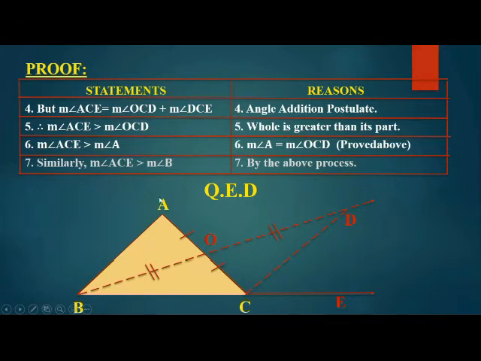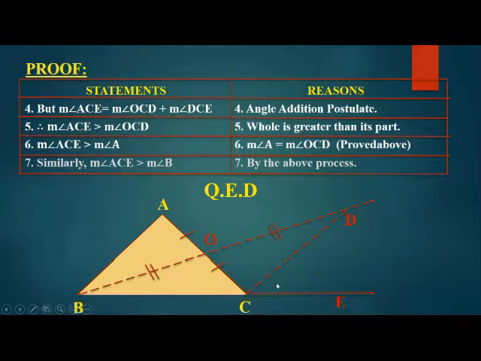But we know that angle A is congruent to angle OCD. So if angle A is congruent to angle OCD, and we compare ACE with OCD, which would be greater? Angle ACE. How do we know? Because OCD is just a part of ACE, and the whole is greater than its part.